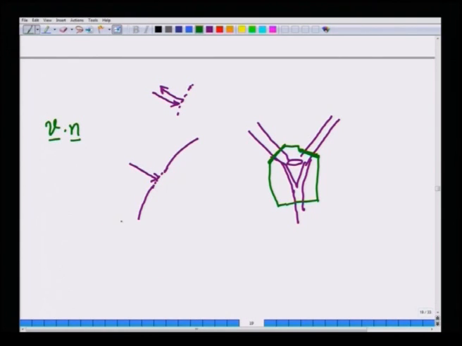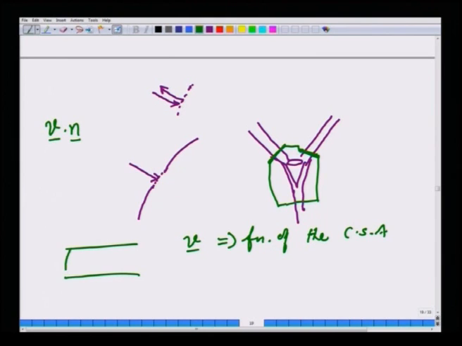The other thing is, whenever you have flow in pipes and channels, we will see later that in general V is a function of the coordinates of the cross sectional area. That is, if I have a pipe, the pointwise velocity at various locations in the pipe need not be the same, they are in general different.